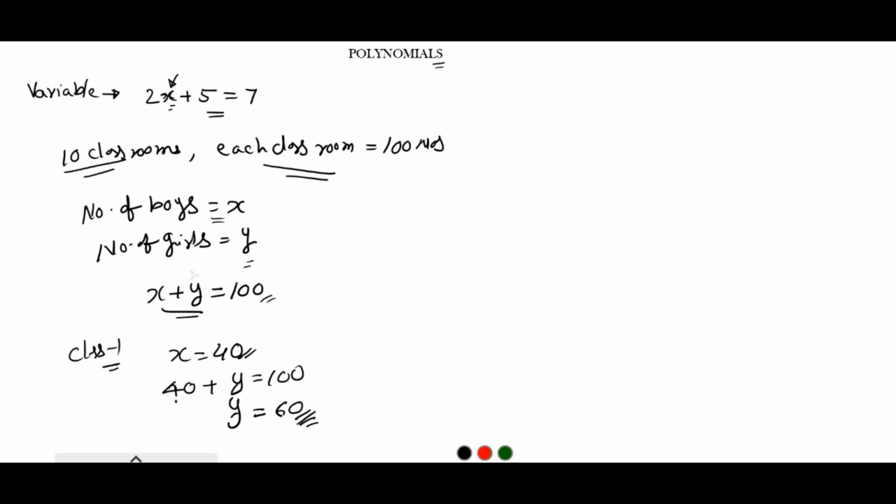This we are calling a mathematical equation. Here x and y we are calling variables. In this equation we have two variables, x and y. By knowing some input, we will find the other variable, like y. By solving this equation, we will come to know boys and girls.